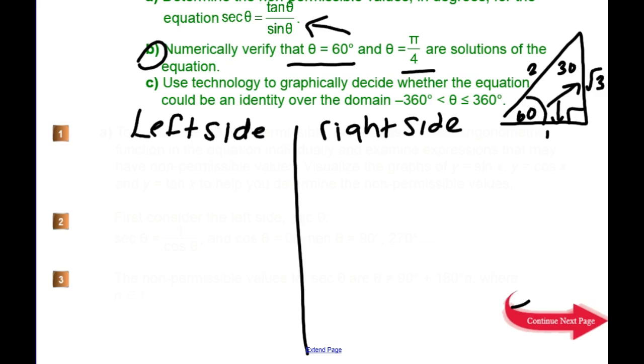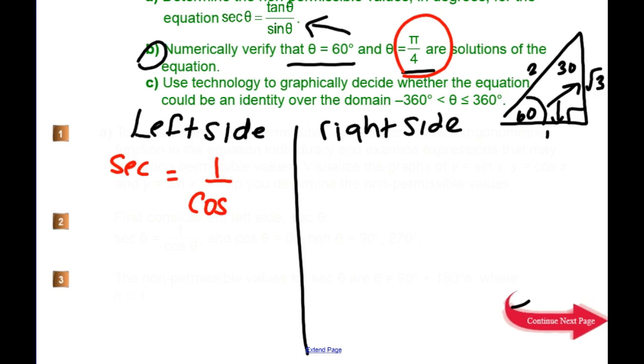Okay, so we're still on example 1b, but we're looking at, does it work for pi over 4? Is it a solution? So basically we're checking, is this going to give us the same answer on both sides, meaning it is part of the solution for pi over 4. We're going to start off the same way. We know that secant is the same thing as 1 over cos.